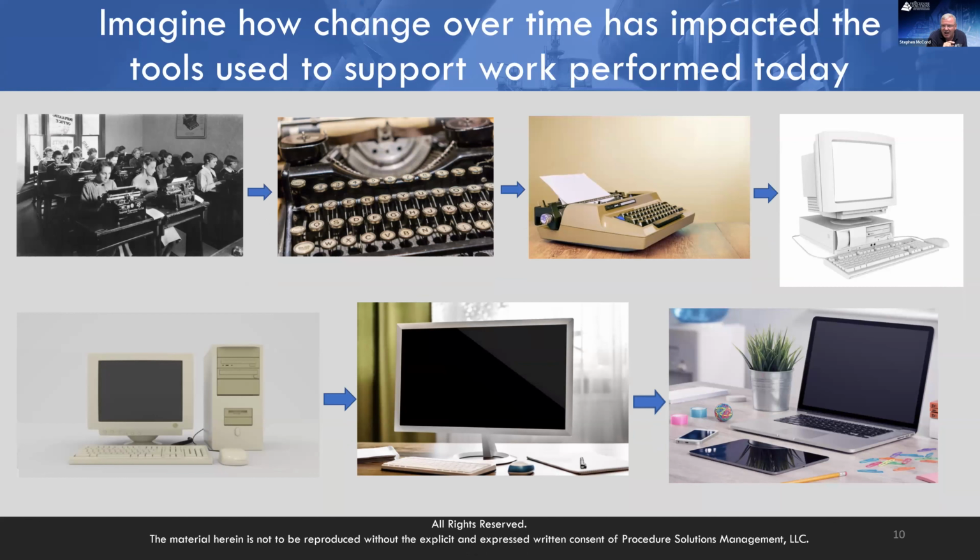So on the very top corner there, that picture came from 1930, right? In 1930, we were banging away on a manual typewriter that had a ribbon in it. Imagine that. And then as time transpired, we moved to the electronic typewriter. And then there was the desktop PC, right?